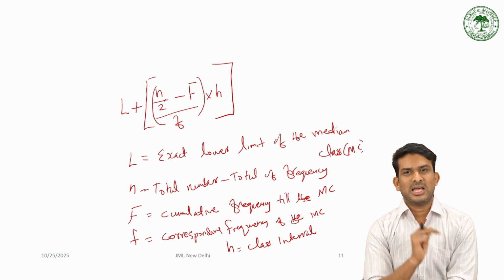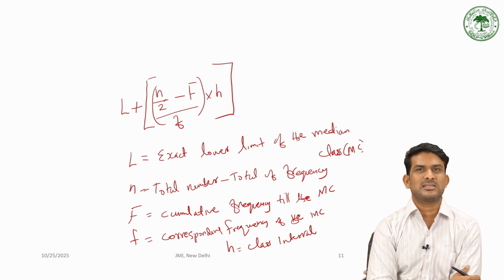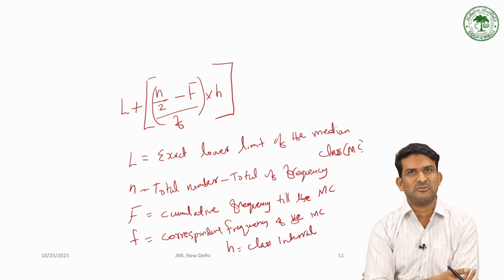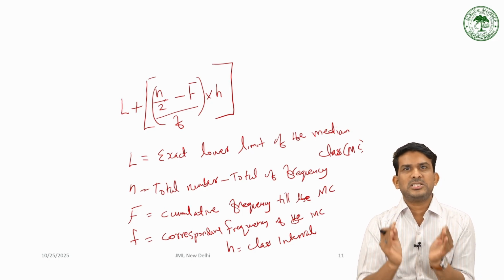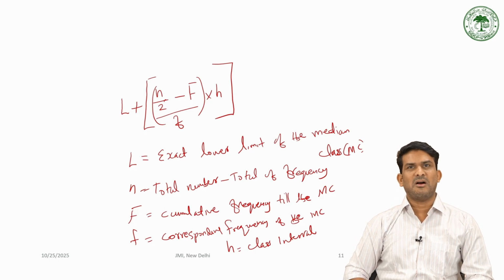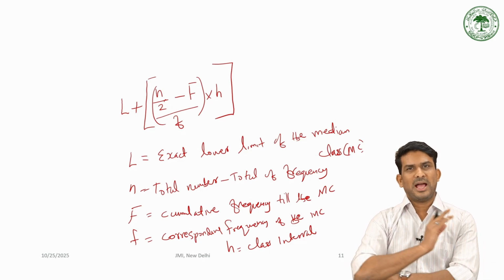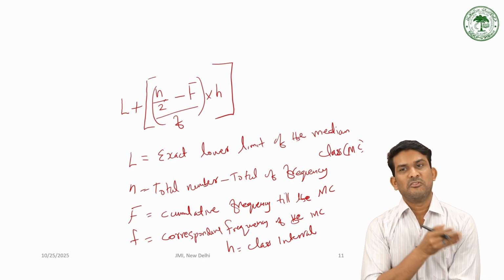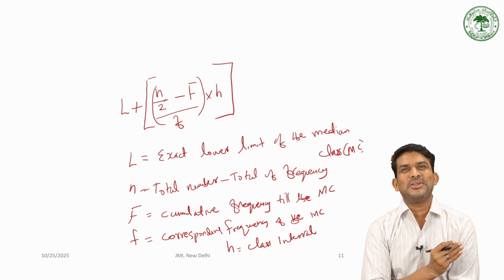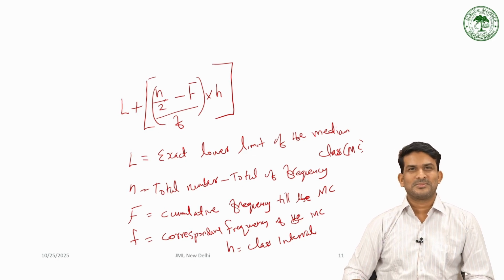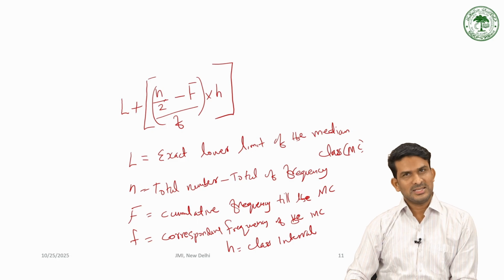Again f, corresponding frequency of the median class. How do you identify it without knowledge of median class? It is required. So to calculate specifically median of a group data, you have to identify the median class. For identification of median class, what is required? Cumulative frequency you have to write. Am I right? This clear?